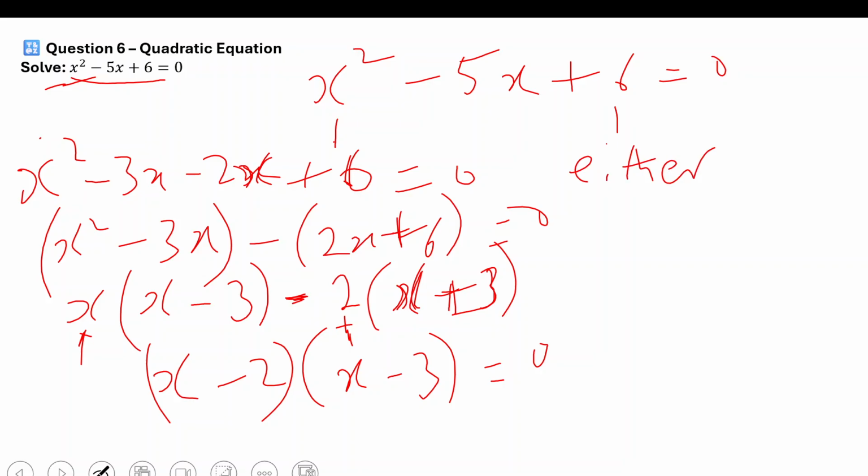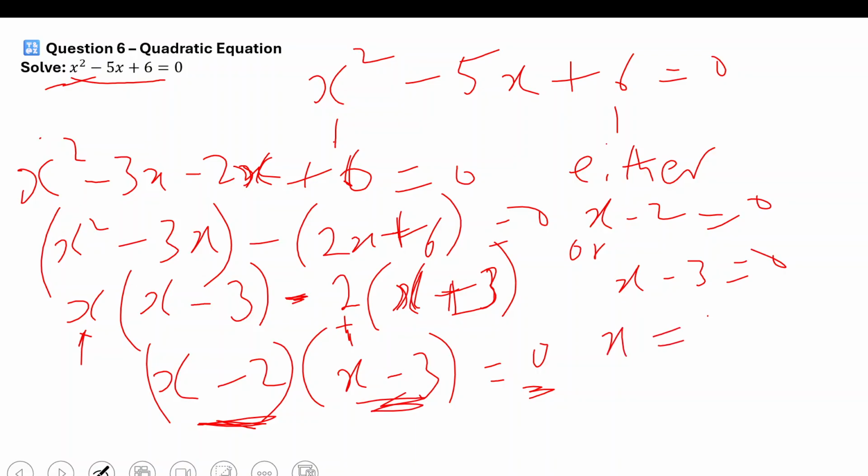Either x minus 2 is equals to 0, or x minus 3 is equals to 0. So for the first case, x is equals to 2. For the second case, x is equals to 3. So these are the solutions to this equation.